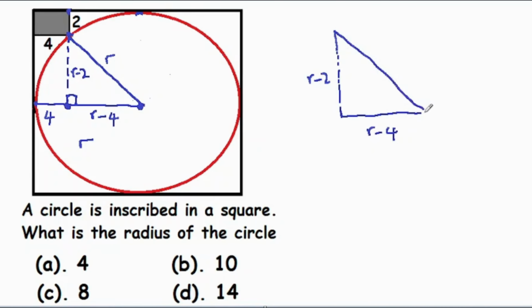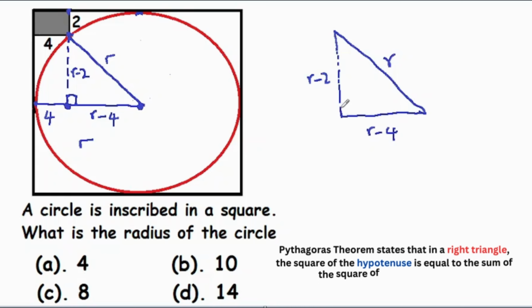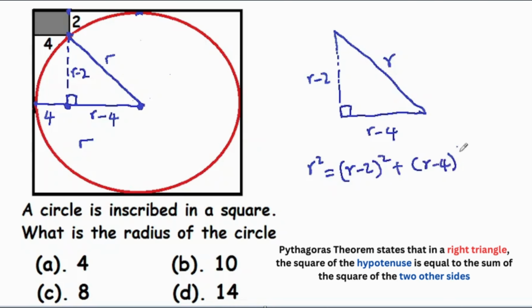And this is r. So we're going to use Pythagoras theorem, which states that in a right angle triangle, the square of the hypotenuse is equal to the sum of the squares of the two other sides. So we have r squared is equal to (r negative 2) squared plus (r negative 4) squared.